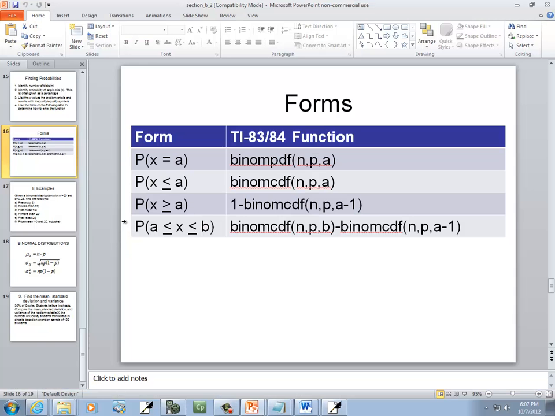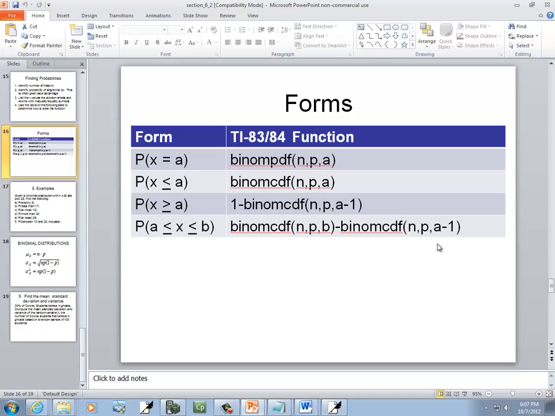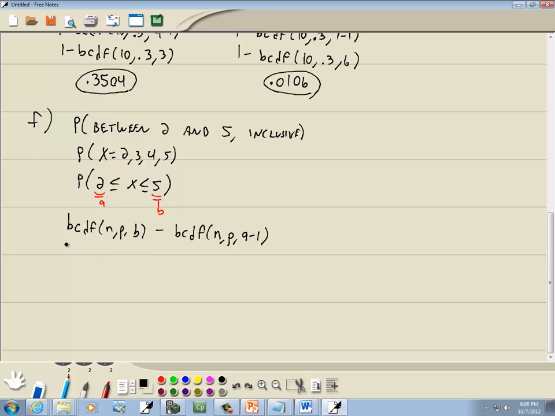And the form it matches is our fourth form here, which says we set it up as binom CDF N, P, B, minus binom CDF N, P and then A minus 1. So right there. Okay, let's plug in what we got.